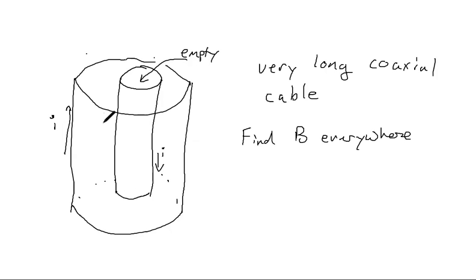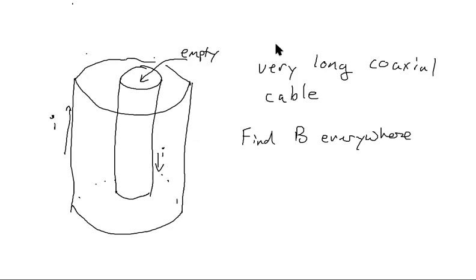And if we want the magnetic field, well, first off, what's the magnetic field inside this cylinder in the middle? Well, to figure that out, I would draw a little Amperian loop in the interior.